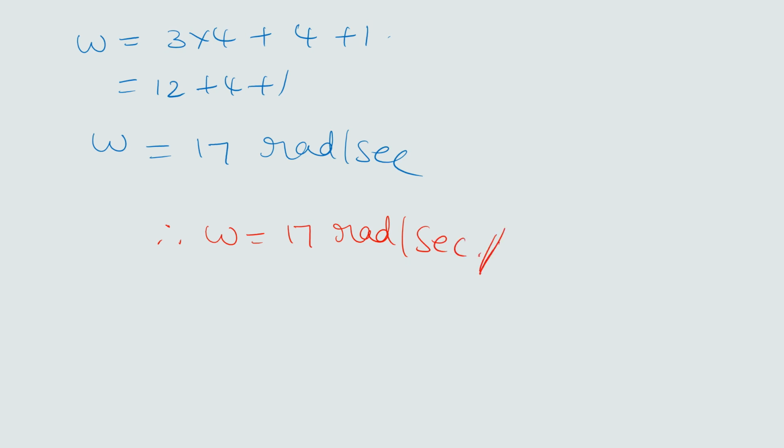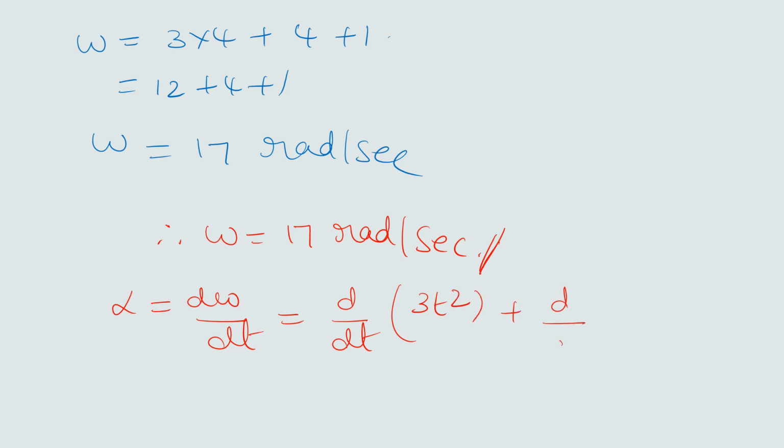Okay. Next, we have to calculate alpha, which is equal to d omega by dt, that is d by dt of omega, nothing but d by dt of 3t square plus d by dt of 2t plus d by dt of 1.